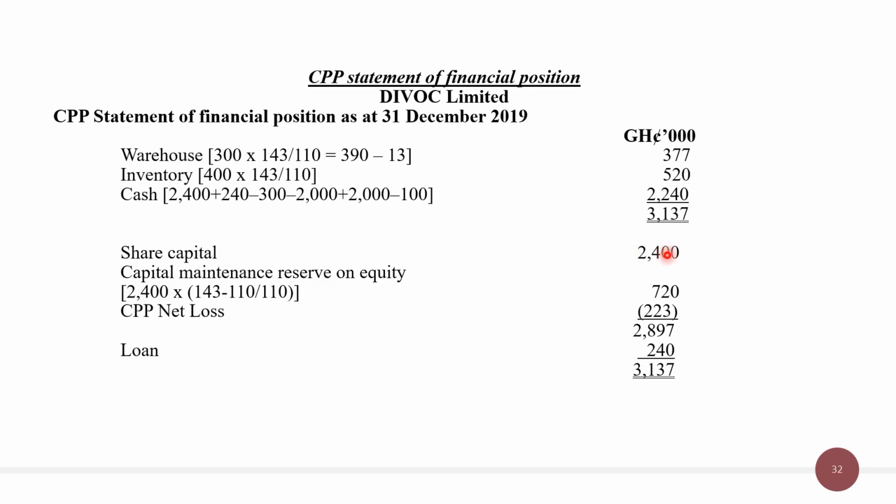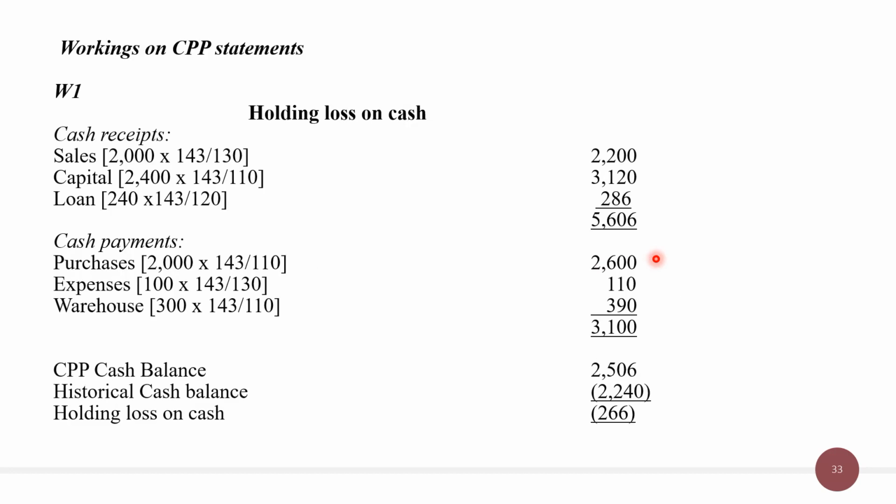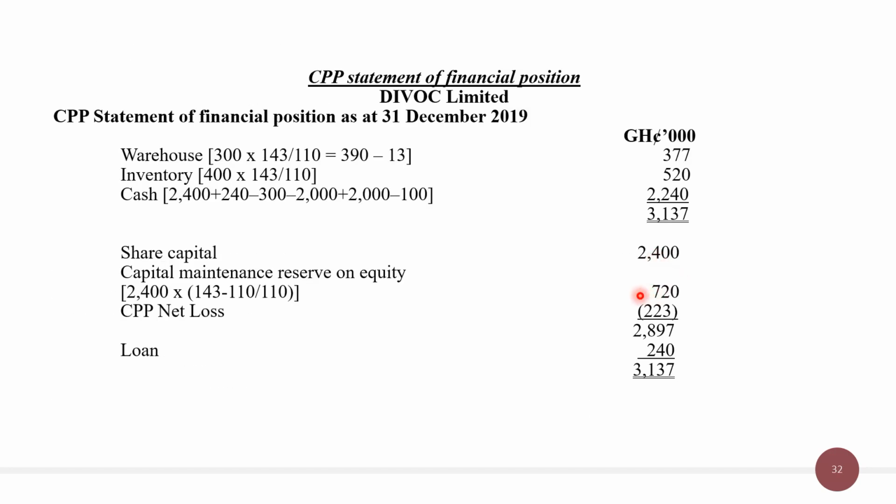Then your share capital. Now, this is 2004, the historical one. Its adjustment is the 720. This is so you can show the maintenance reserve, because this is just the 2004 and 270. Try to index the share capital.